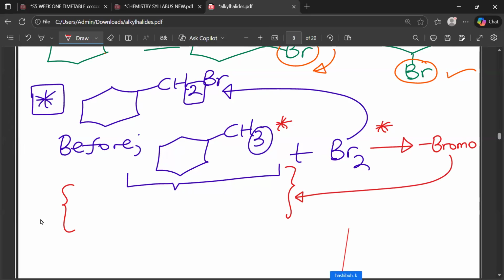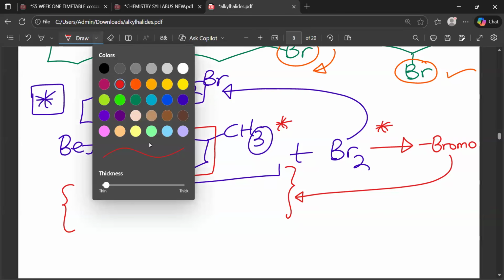So any names in the chat? Bromomethylcyclohexane, exactly. This one alone is cyclohexane. But it has a methyl group, and since that methyl group has no position, because when you rotate it won't change its position, mentioning it is not necessary.